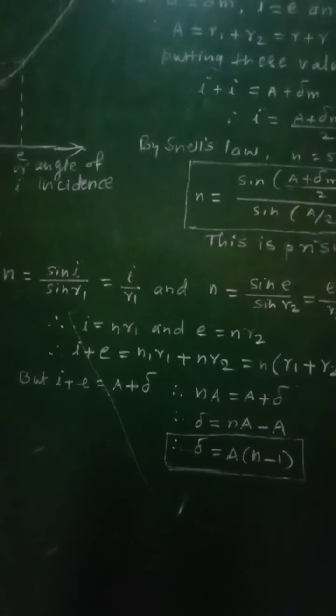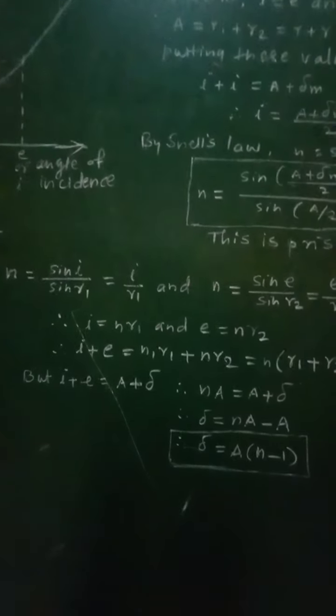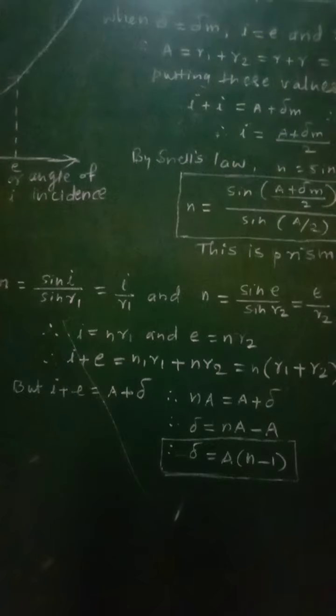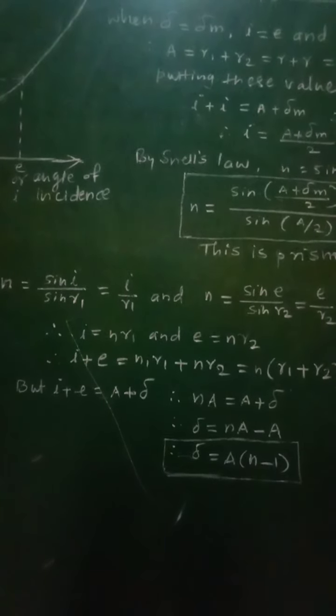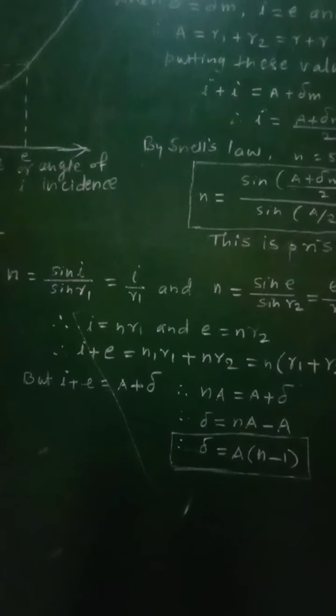For such prisms, we can use one approximation, because if angle theta is very small, we take sin theta equal to theta. Therefore for such thin prisms, to deviate the incident ray towards the base during both refractions, the angle of incidence I should be less than 10 degrees.